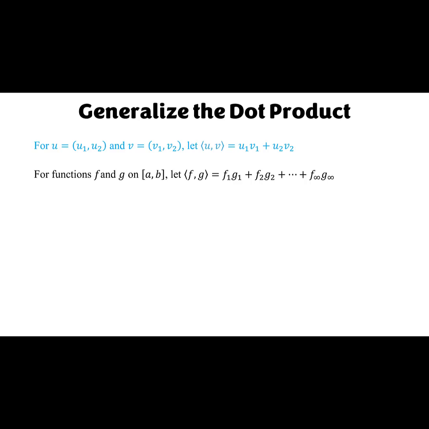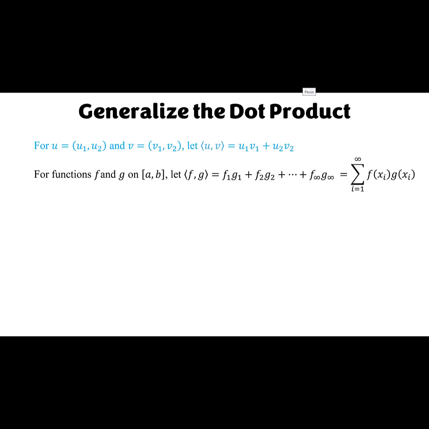But this would be a problem because functions on a closed interval a to b have an infinite number of values. So you'd be multiplying an infinite number of elements, then adding up an infinite amount of terms, and that would be problematic. But it'll be helpful to write this in summation notation. Right? The summation of f of x_i times g of x_i from i equals 1 to infinity. Now this should look somewhat familiar.